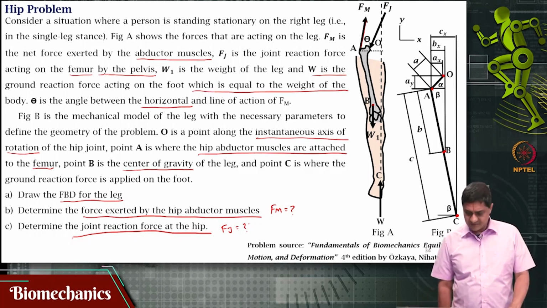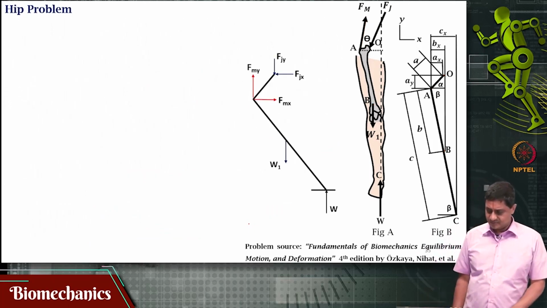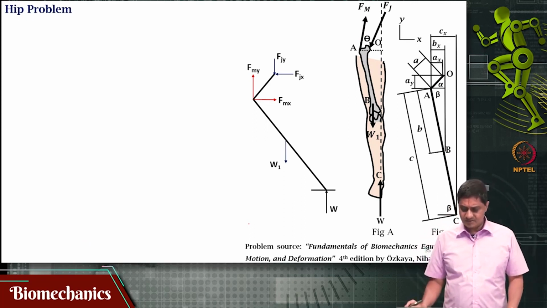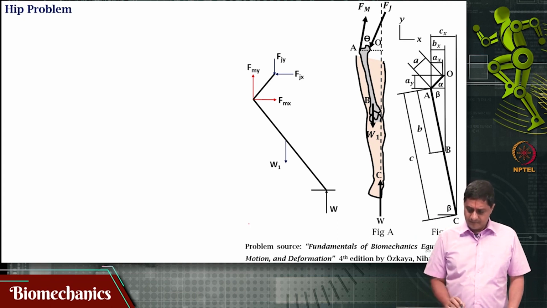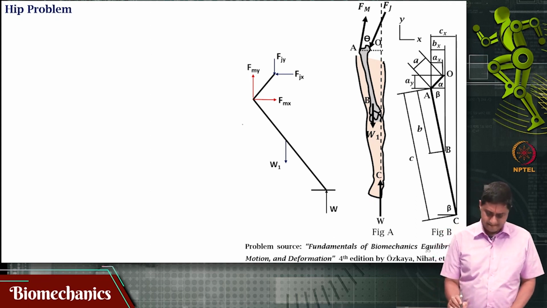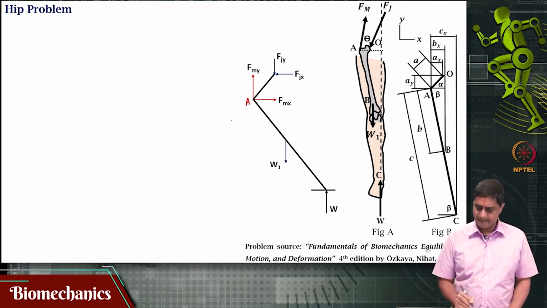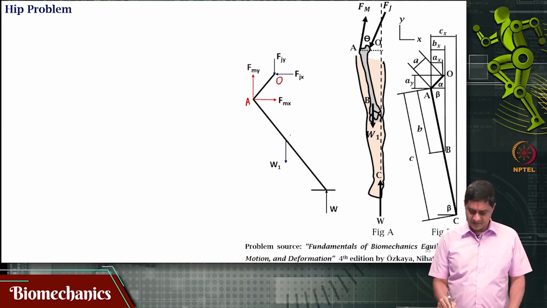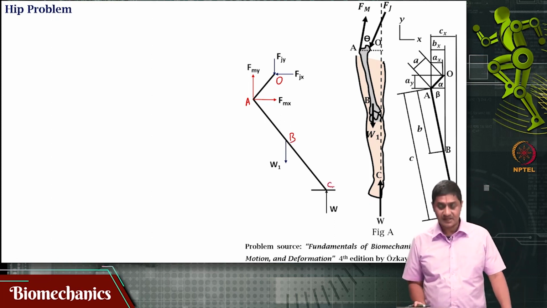Now, let us start with the free body diagram. Fm is acting at this point A and Fj is acting at that point O. W1 is acting at this point B and W is acting at this point C.